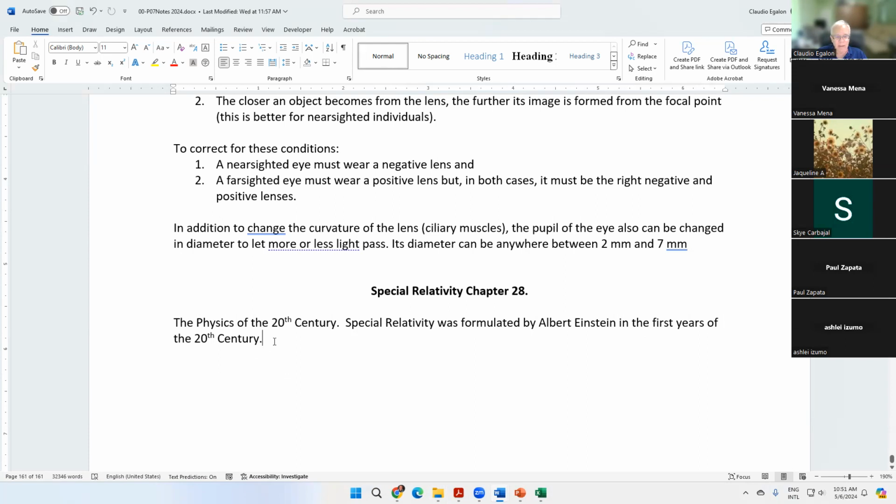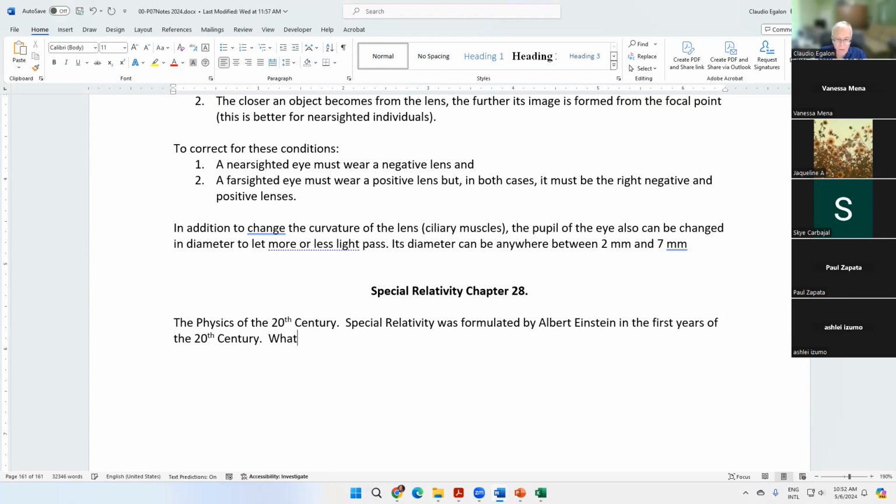Well, what Einstein discovered was something so simple and yet so difficult to understand, something that escaped common sense.